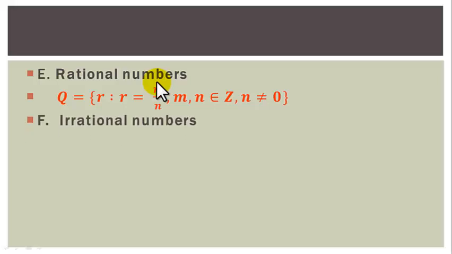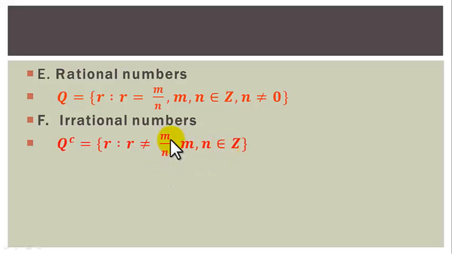F. The set of irrational numbers. The set of irrational numbers is denoted by Q^c or Q prime. That is the set of all r such that r is not equal to m over n, where m and n are integers.